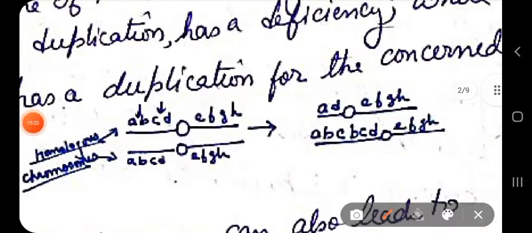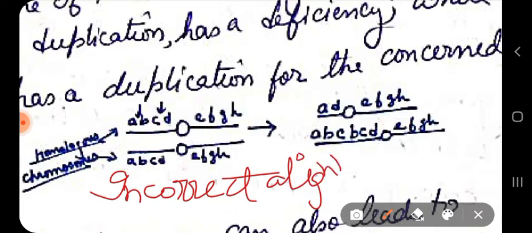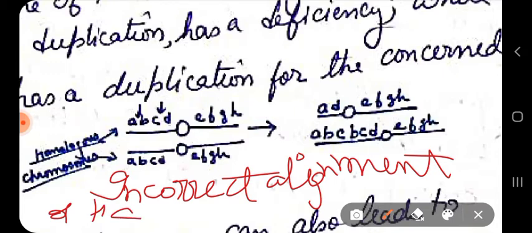This occurs due to one reason, due to misalignment, or you can say incorrect alignment of homologous chromosomes, I am writing HC for homologous chromosome, during crossing over, that occurs during the meiosis stage of the cell cycle, that you know.